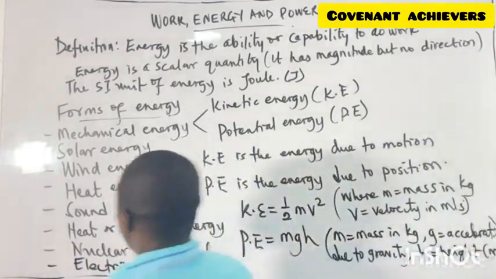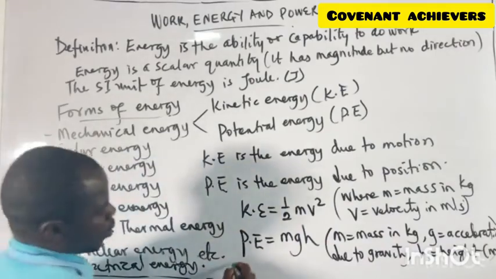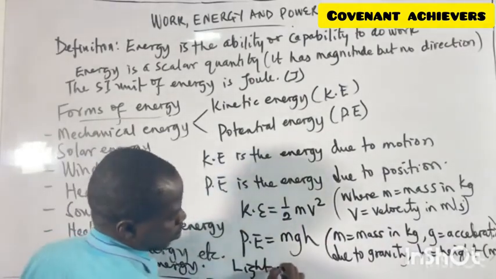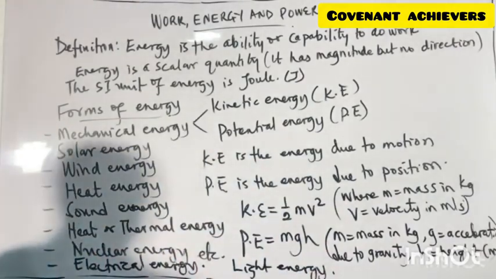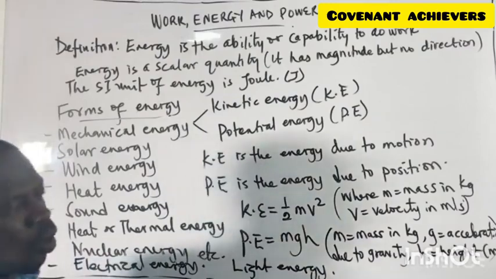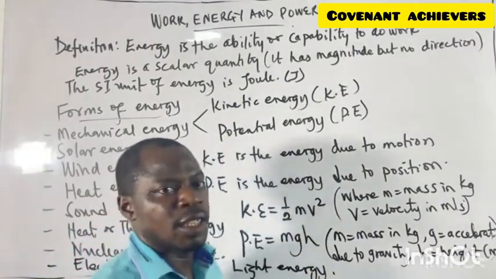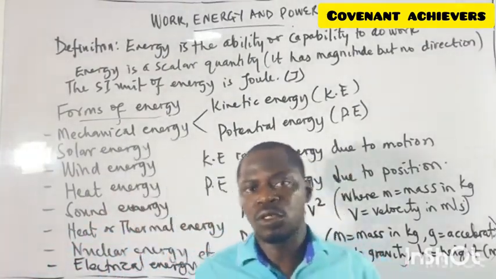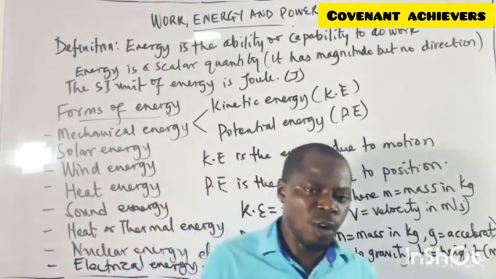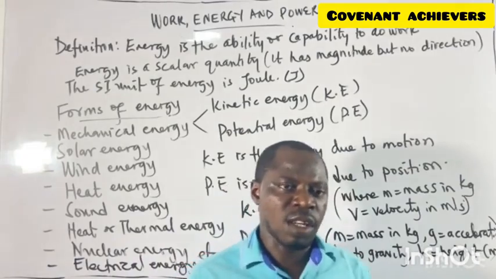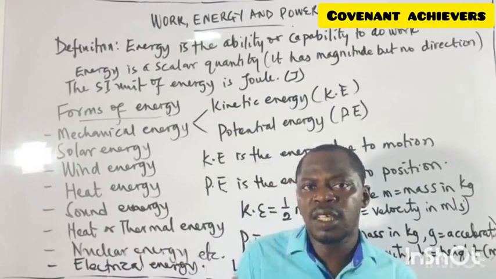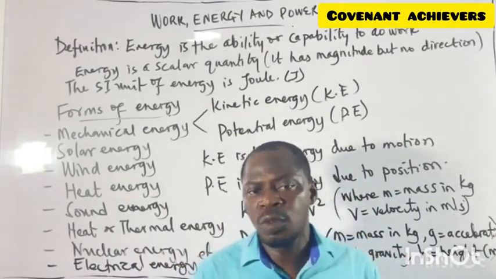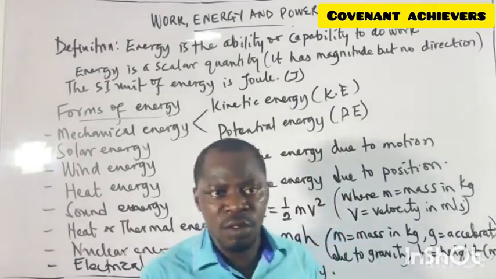Light energy is part of the forms of energy. So you can see that this is what the law of conservation of energy states, that energy can neither be created nor destroyed, but can be transformed from one form to another. And that shows that every energy can be transformed from wherever it is to another state.